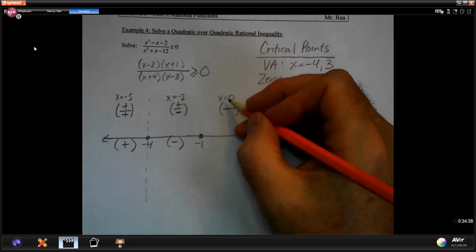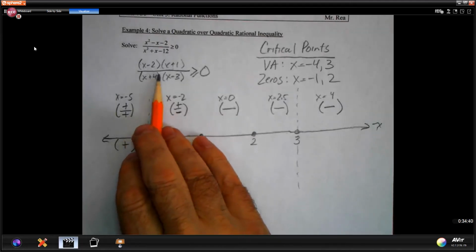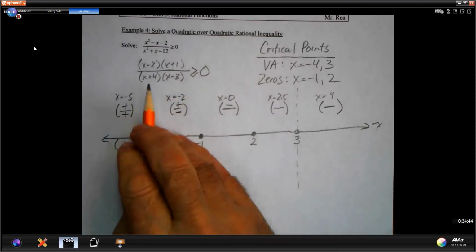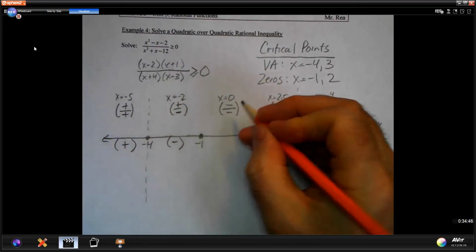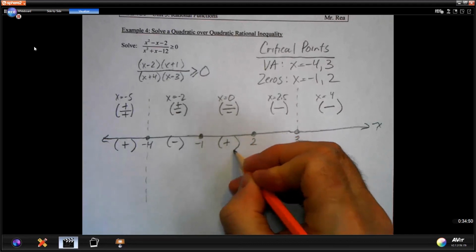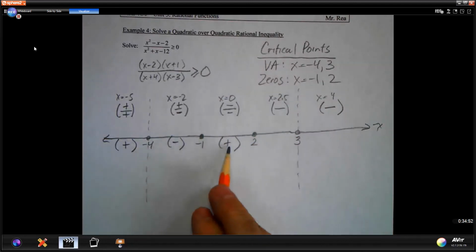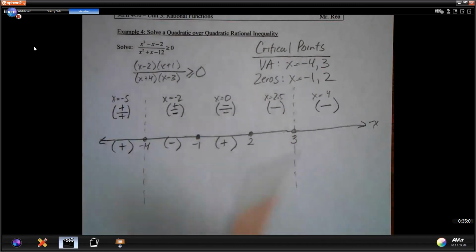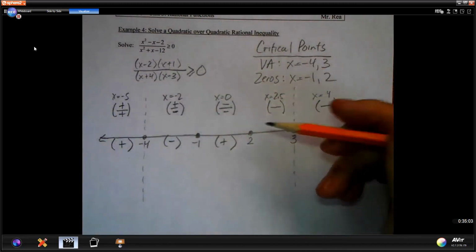For x equals 0, negative, positive, so that's negative. Positive, negative, that's also negative, but overall, negative divided by negative is positive. You can see how these are alternating, and that usually happens, but not always, so don't get lazy and just always alternate, because there's some cases where it stays the same.